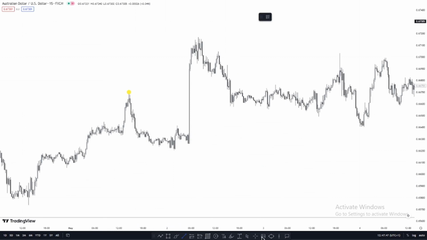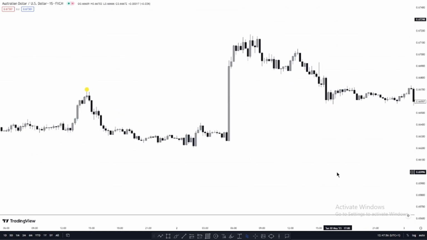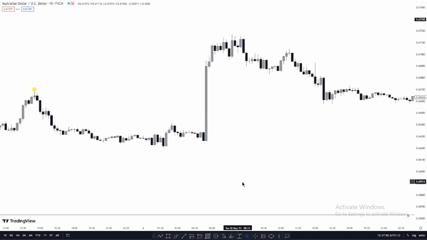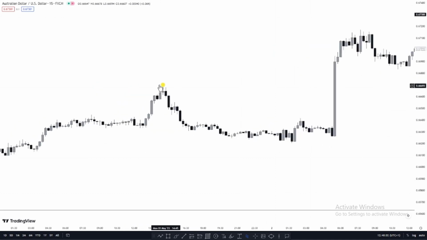Just a minute. Let me zoom in so that you can see clearly what I mean. So this high has taken out the first internal structure low.